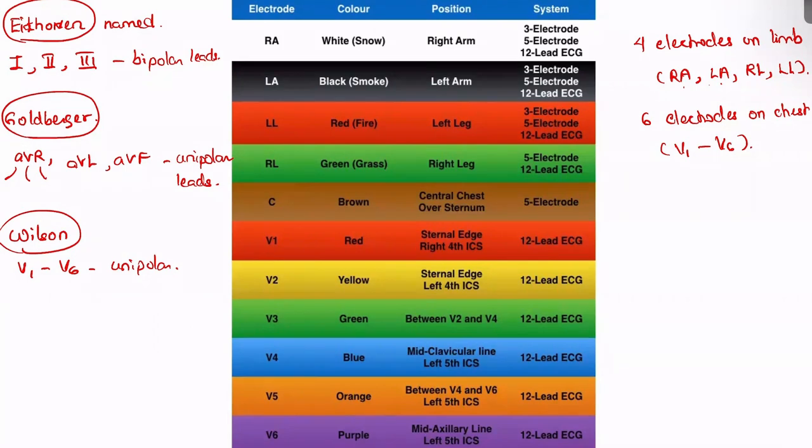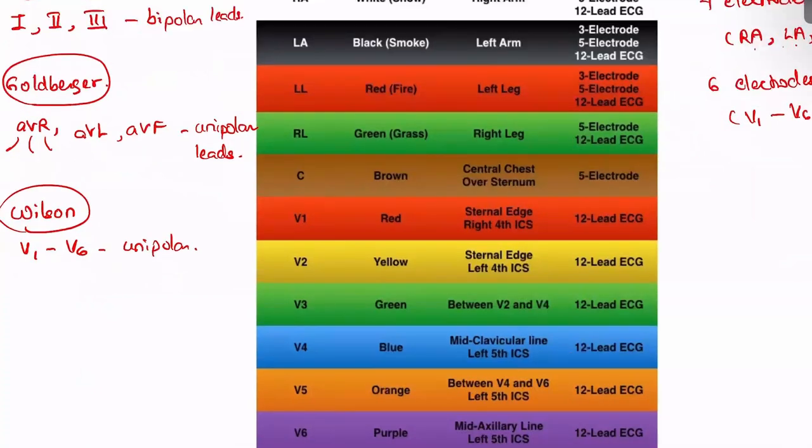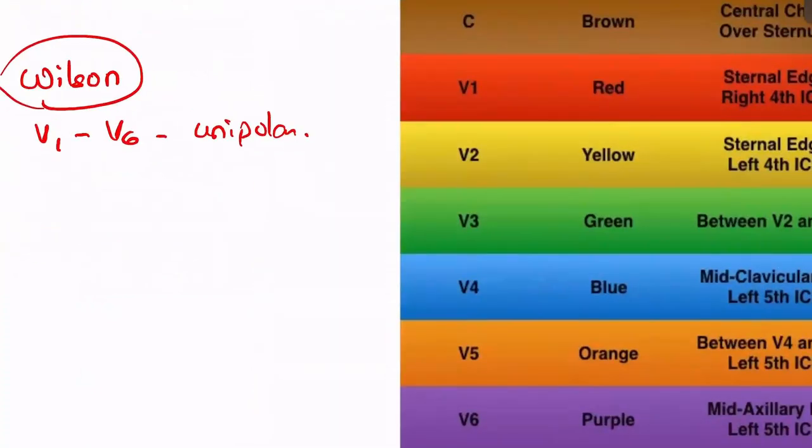I'm going to run out of space, but I will try to draw here. Okay, so here is the right arm, left arm, and the right leg is the ground lead, and so we take the left leg, only the left leg, and so it becomes a triangle.